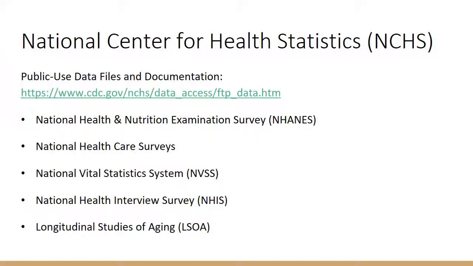Some examples of the data they have freely available include the National Health and Nutrition Examination Survey, a number of national healthcare surveys for healthcare administration needs, the National Vital Statistics System, the National Health Interview Survey, as well as longitudinal studies of aging, as well as others, but these are just a few I decided to highlight for you guys.